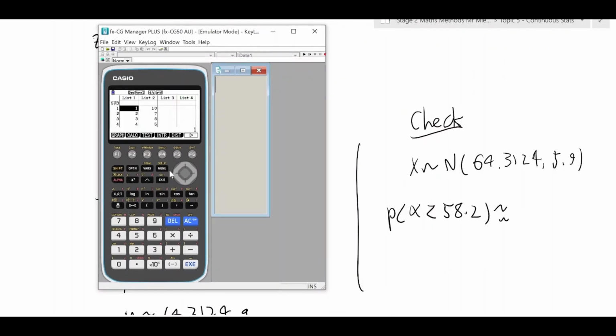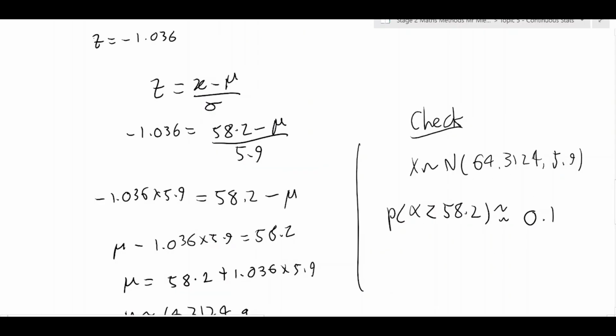Stats, distribution, normal, NCD. Lower is minus a whole bunch of 9s. Upper is 58.2. The standard deviation is going to be 5.9. The mean is going to be 64.3124. Execute that, and we should get exactly 15%, or at least close enough. The reason it's not exact is because we have rounded that mean before we've used it in our calculation. So 0.15, we are very happy indeed because we got it right.